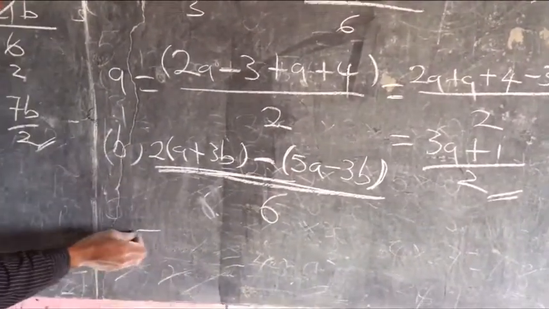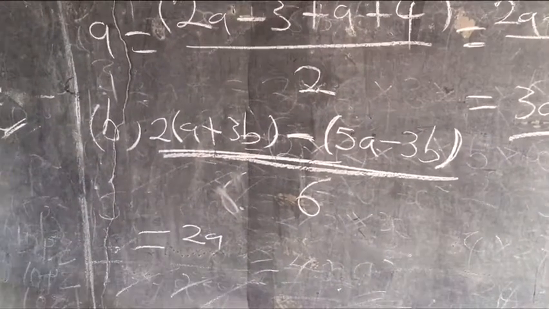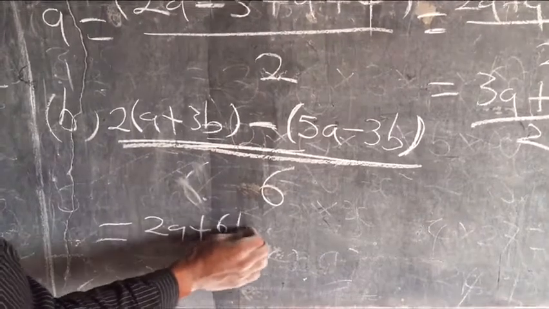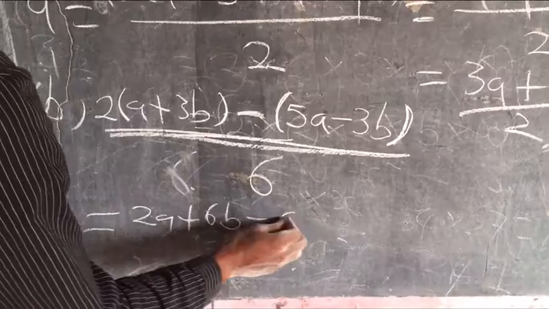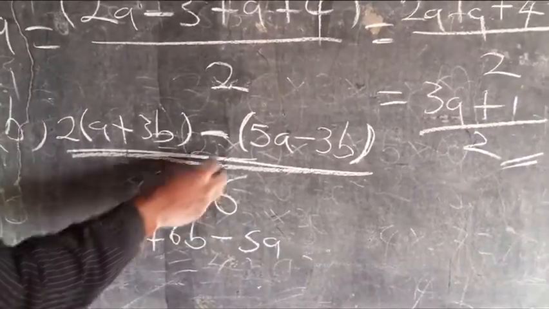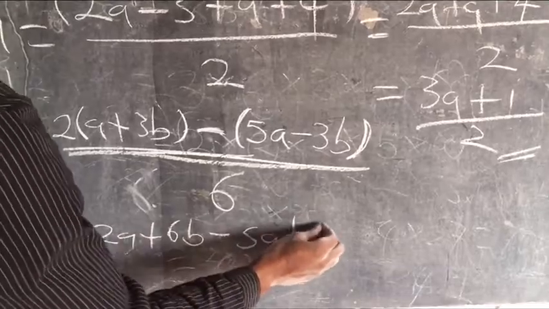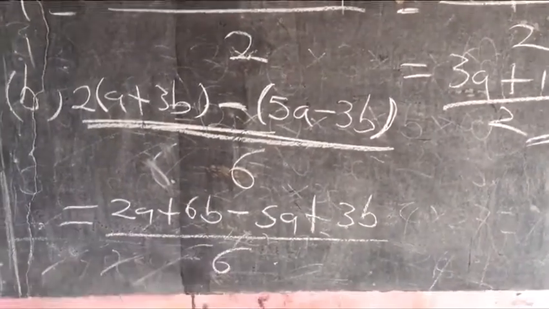So we open the bracket now. 2 times a will get 2a. 2 times this one will get 6b. And then minus will get minus 5a. Minus multiplied by this one will get plus 3b, all over 6.